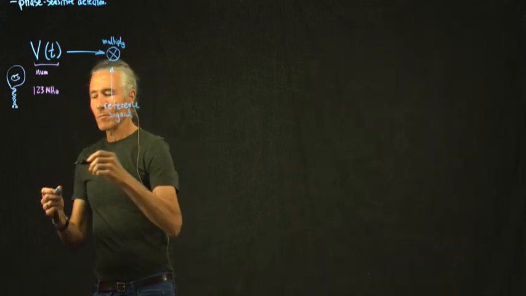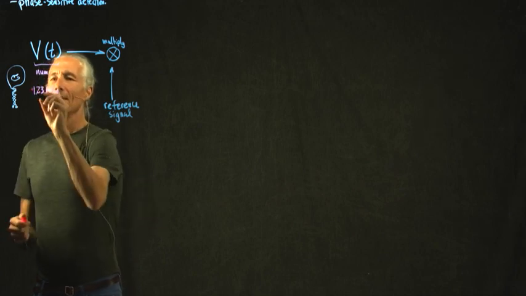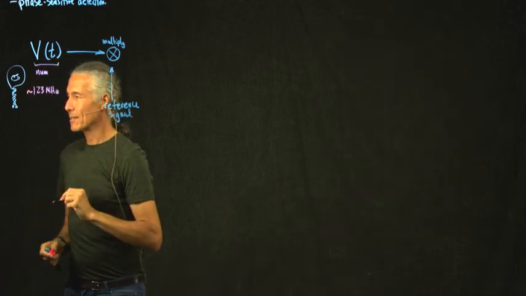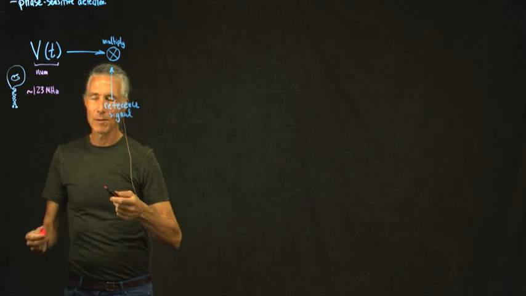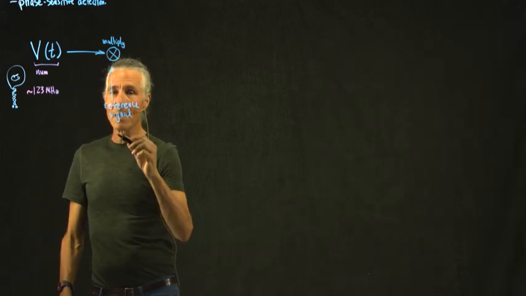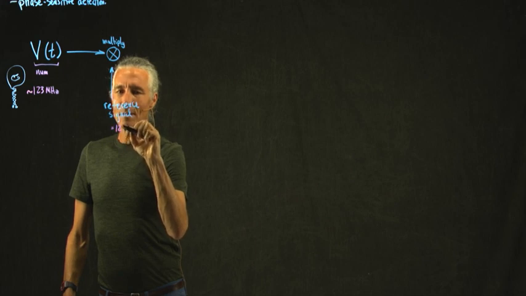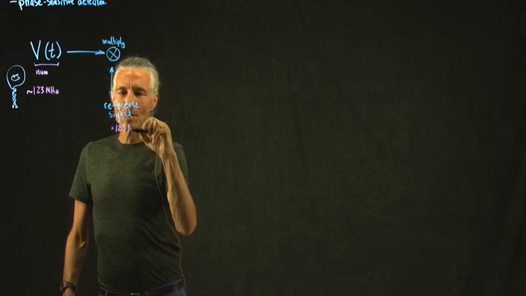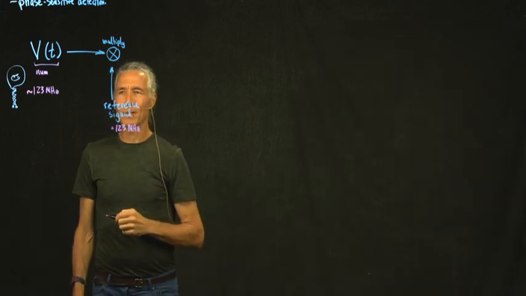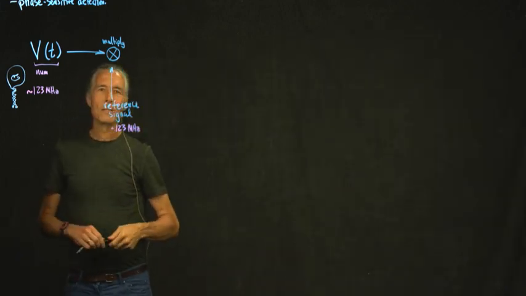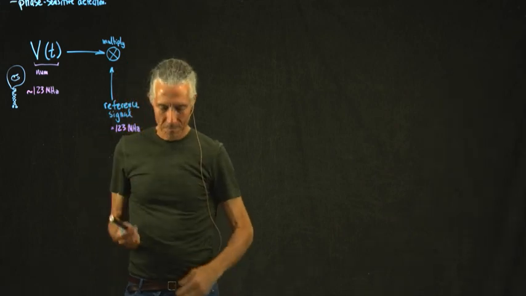This guy's about 123 megahertz, not exactly, or it could be up or down, changing over time. This reference signal equals your center frequency. And we'll just say that for now we've set the center frequency to exactly 123 megahertz. So we multiply by that signal.